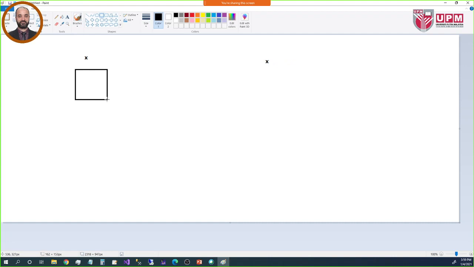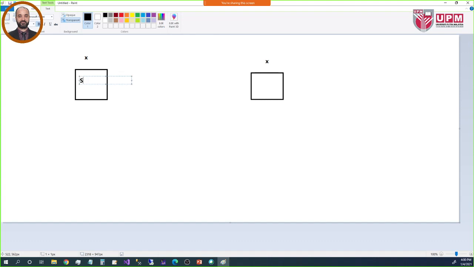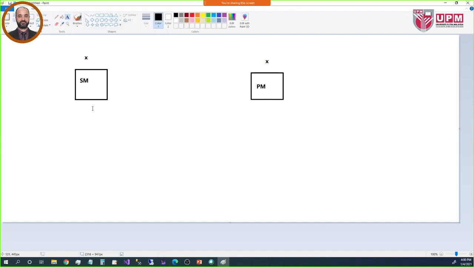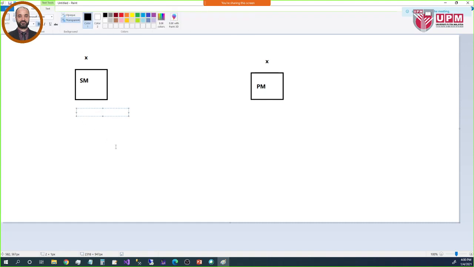This one is a serial machine and this one is a parallel machine. When we run application X on the serial machine, it runs in 100 seconds, and when we run it on the parallel machine, it runs in only 10 seconds.